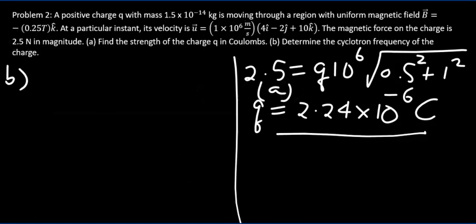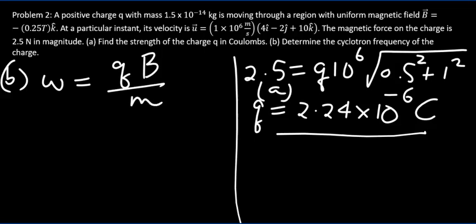Now for part B, which is the cyclotron frequency, it's given from a previous video. You'll find that it's given by the charge magnitude times the magnetic field magnitude over the mass of that charge. The charge strength is given by 2.24 times 10 to the power minus 6.